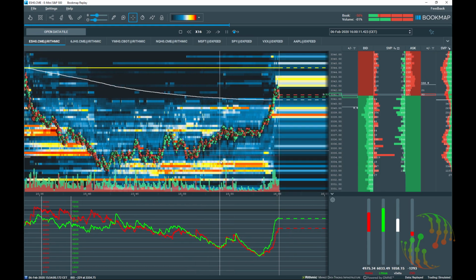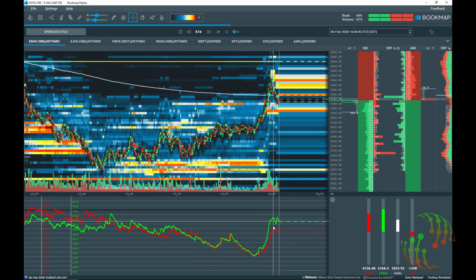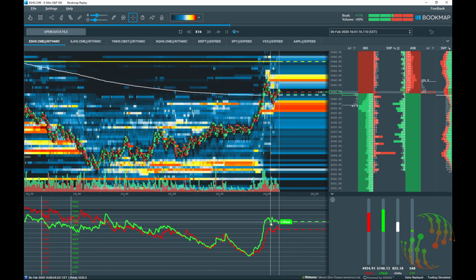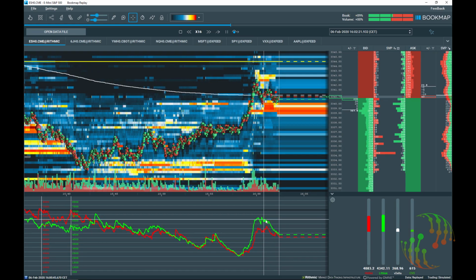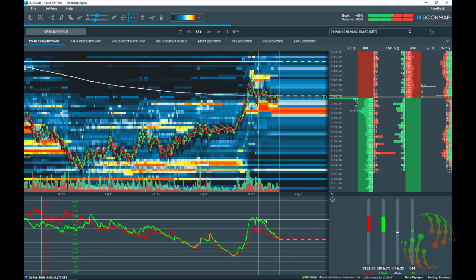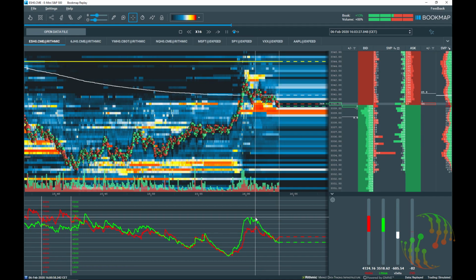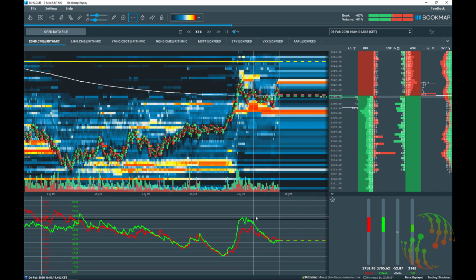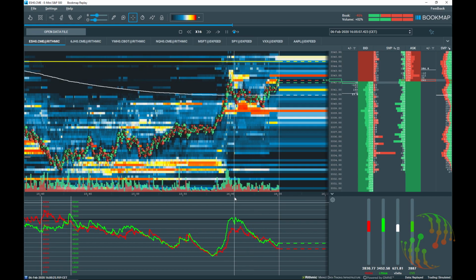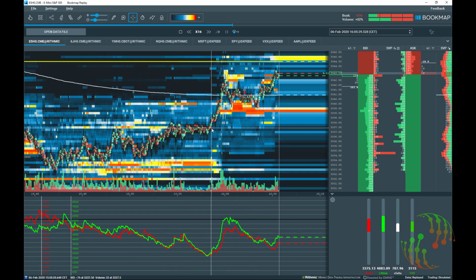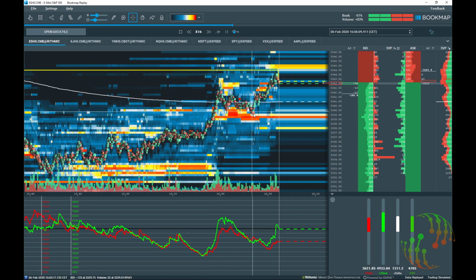And now what you see here is again bid-ask imbalance at that point. As I said, I will do it in more detail in the YouTube video about these functions. It simply takes time for the market to make a break.